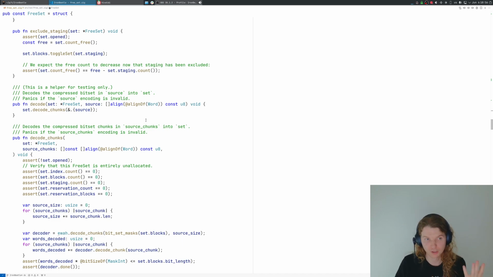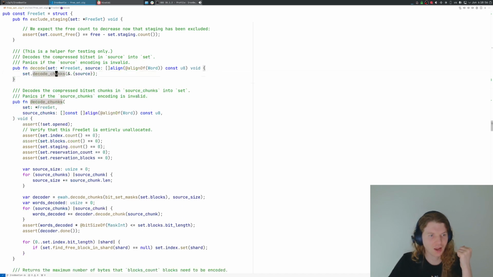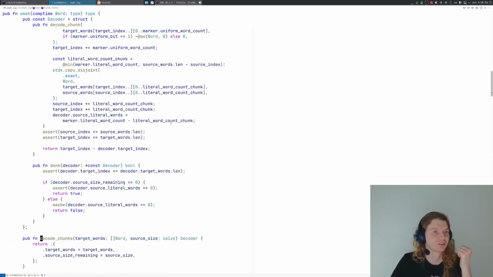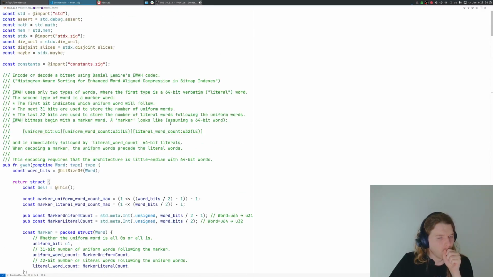So before storing it on disk, we compress it into the so-called EWAH encoding. That's a super simple encoding scheme for the bit set, kind of like a run length encoding.